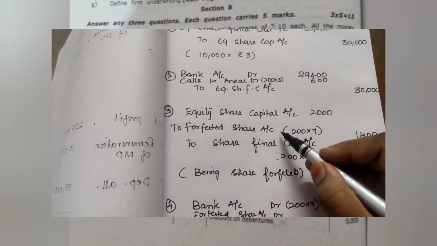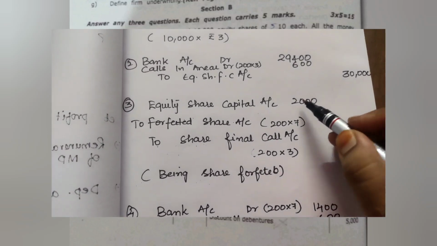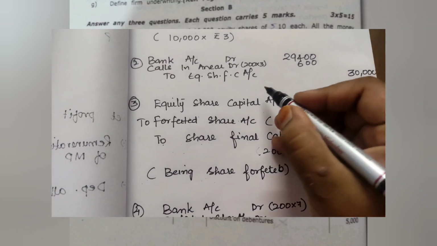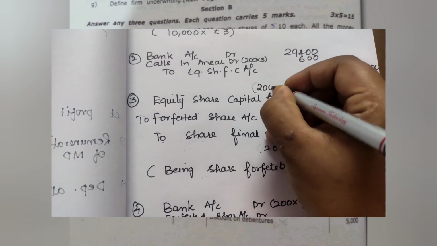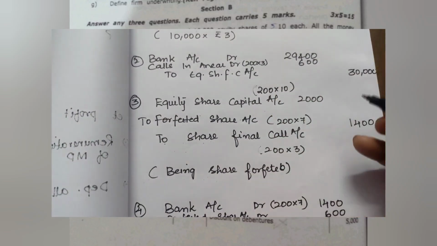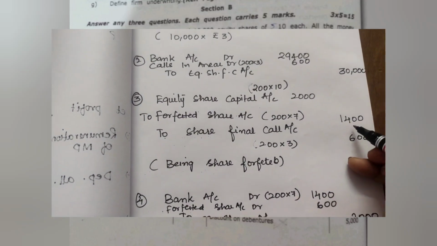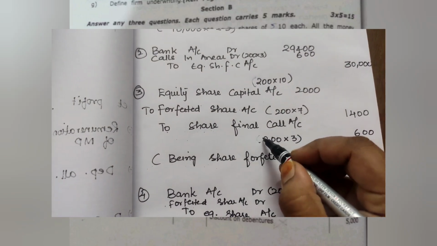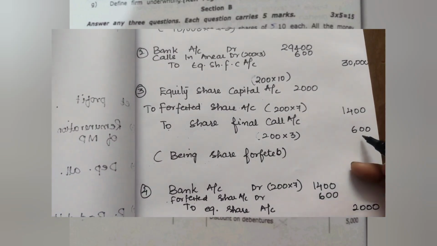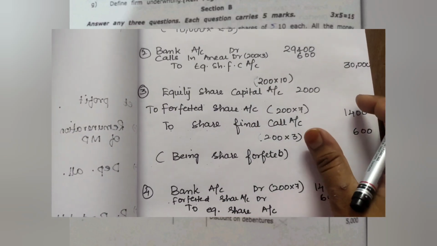The forfeiture share account will be credited. The equity share capital of 200 shares of 10 rupees. In that we have received 200 into 7, that is 1,400. What we have not received is the final call money, which is 200 into 3, that is 600, so the share is being forfeited.